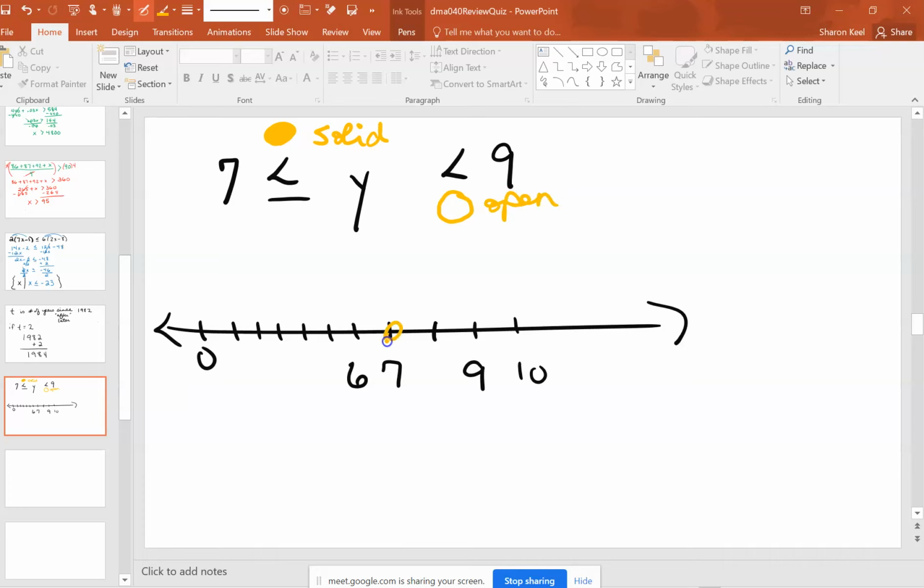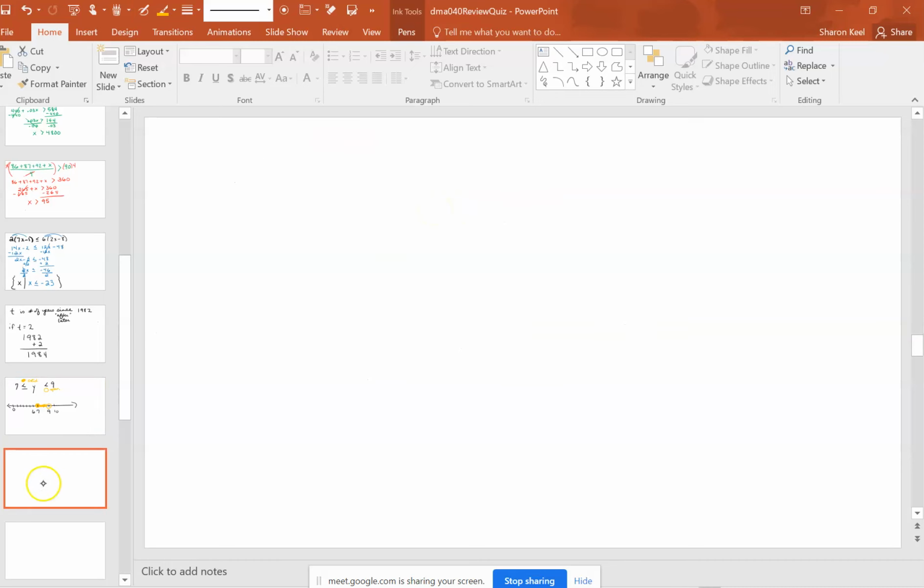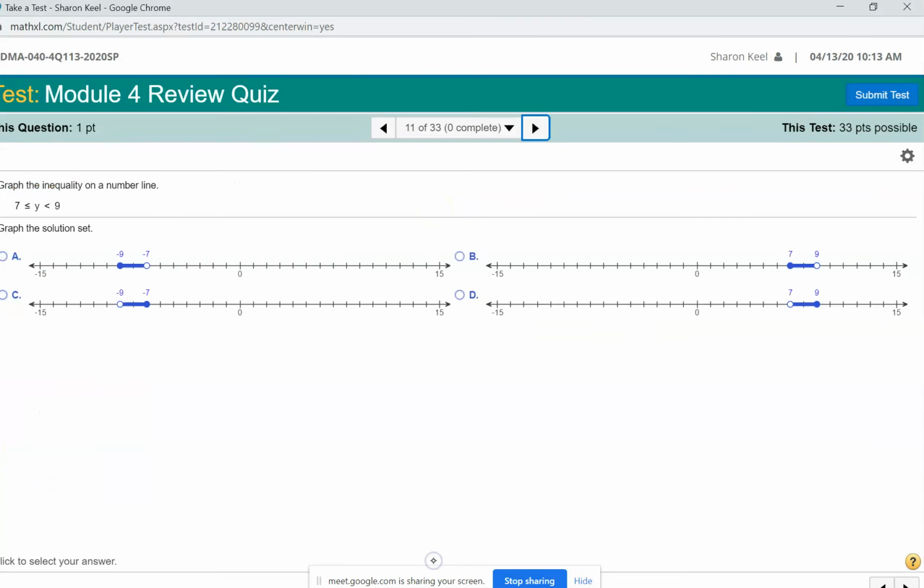So on the number 7, you're going to have a solid circle. On the 9, you're going to have an open circle, and then it's going to be connected in between. So that's the only thing to remember. If it is equal to, it includes it, so make sure the dot is solid, and otherwise it would be an open circle.